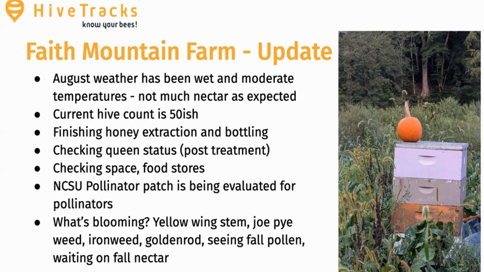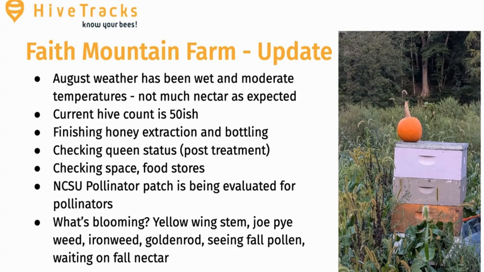Anybody who's kept bees for very long knows that when you pull honey, you typically want to extract it pretty quickly because of pests, whether it's small hive beetle, which I don't have a problem with, but wax moth is definitely an issue. If you have any comb that's been used for brood that's also then turned into a honey super, you have a big risk of the wax moth getting a foothold in that. So just a reminder, don't let that honey sit in the supers very long before you extract it.